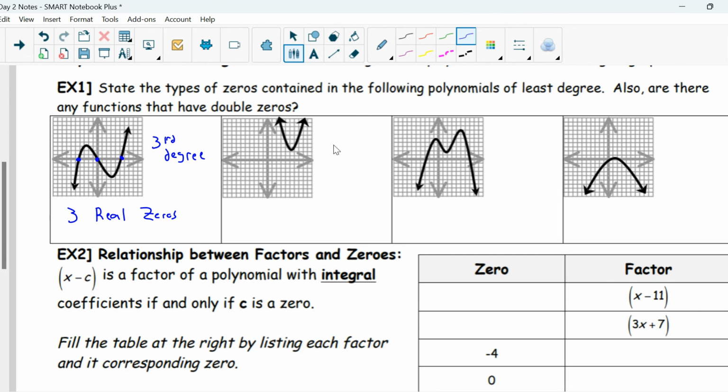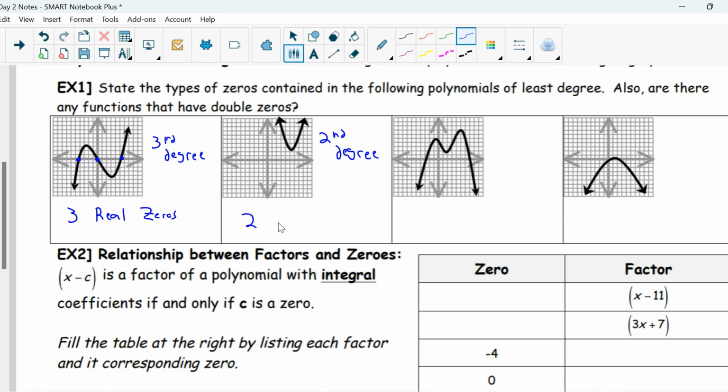So with 2 changes in sign, this is a second degree polynomial. So that tells me that I'm going to have 2 zeros within my polynomial here. But since it never actually crosses the x-axis, these zeros are imaginary zeros.